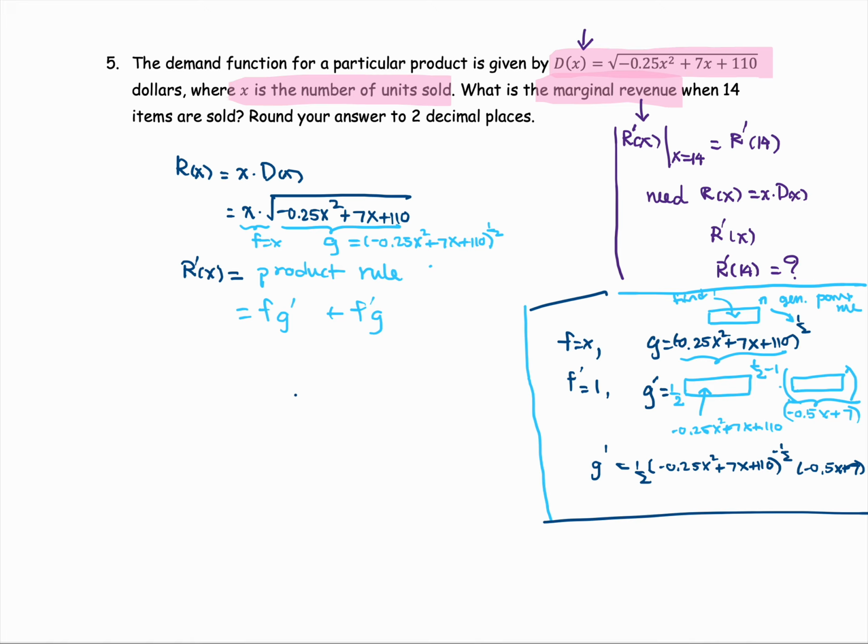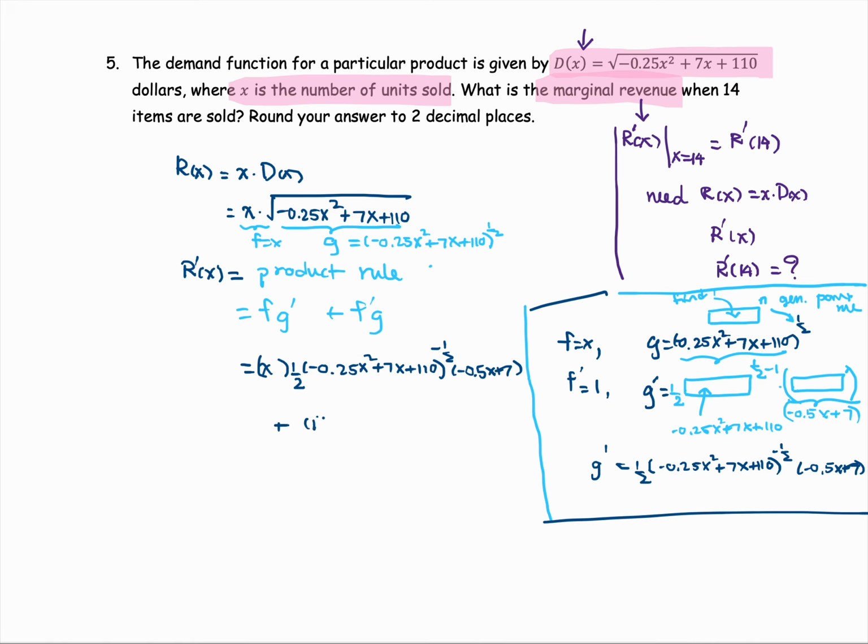And then apply the product rule formula, put the right term in the right spot. Since f is x, multiplied by g prime, which is 1/2 times the quantity negative 0.25 x squared plus 7x plus 110 all to the power negative 1/2, and then multiplied by the quantity negative 0.5 times x plus 7, and then added by the product of f prime and g.